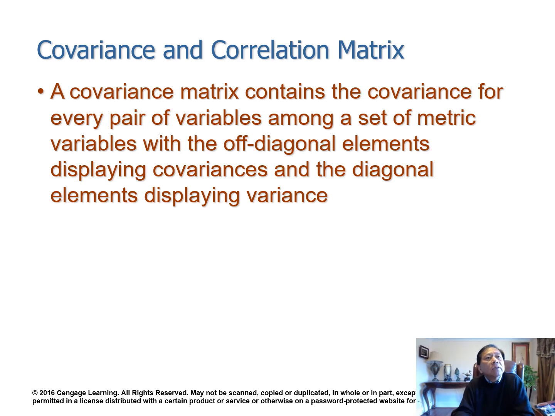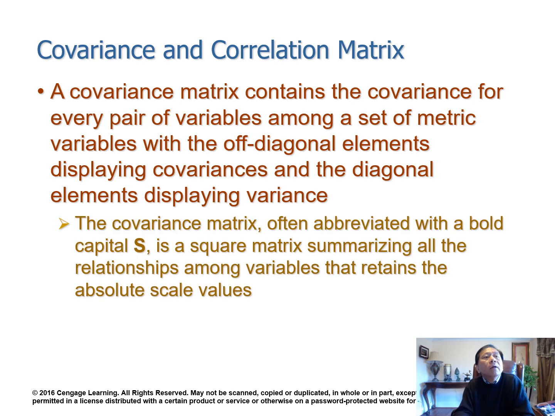Covariance and correlation matrix. A covariance matrix contains the covariance for every pair of variables among a set of metric variables, with the off-diagonal elements displaying covariances and diagonal elements displaying variance.